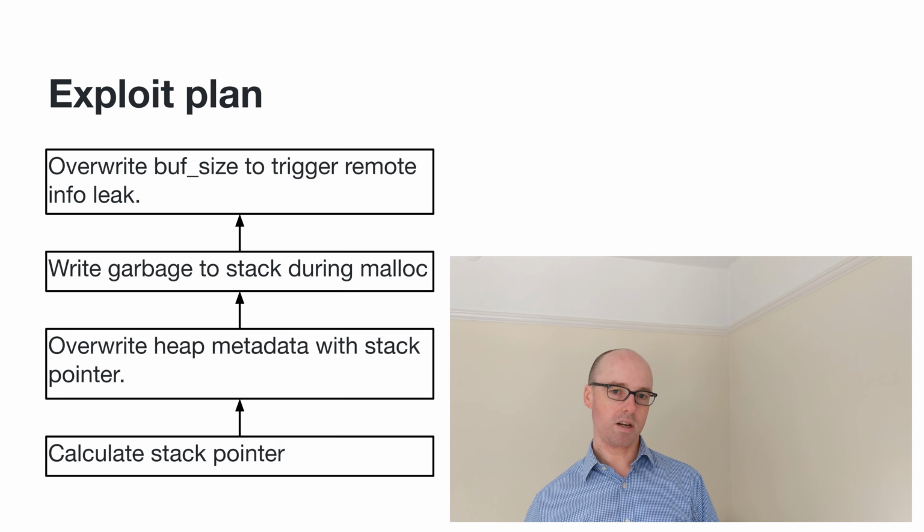But the stack address that I'm able to grab through that process is actually something like 300 bytes higher in memory than the stack address that I want to overwrite. So what I'm going to need to do is figure out a way to subtract that number, 300 bytes, from the stack address so that I have the correct stack pointer in order to set up this heap corruption in the malloc call.